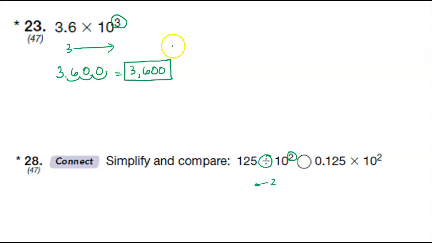You see, when I multiply, I go to the right, and when I divide, I go to the left. So this is going to be 1, 2. So on this side, I have 1.25. Over here, since I'm multiplying by 10 squared, I'm going to go to this direction. So that would be 1, 2, which gives me 12.5. So that would be larger.